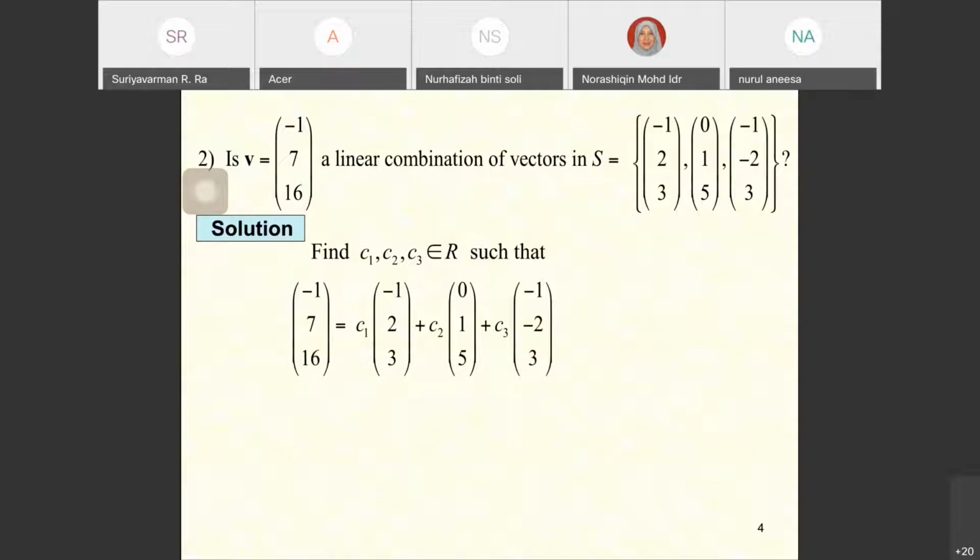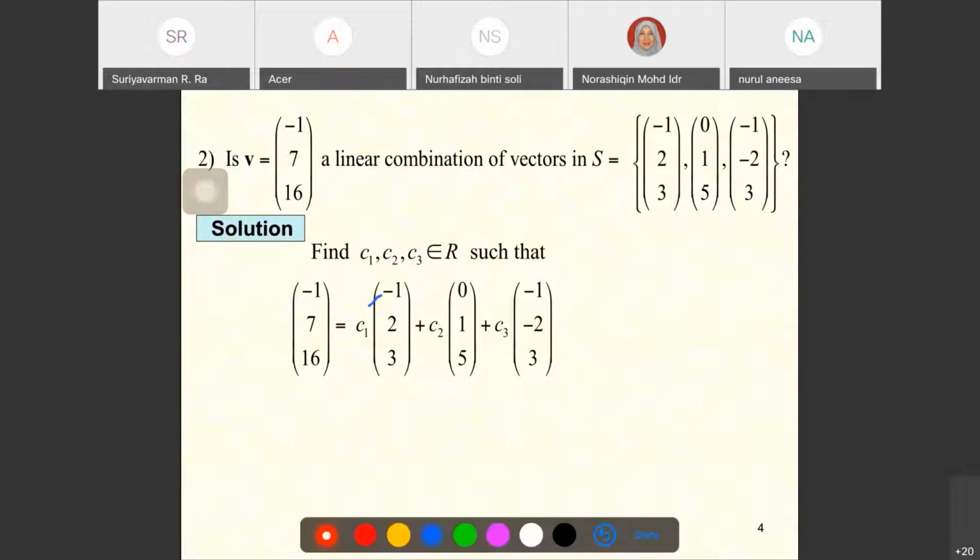Negative C1 plus 0 C2 minus C3 equal to negative 1. 2 C1 plus C2 plus negative 2 C3 equal to 7. And we have 3 C1 plus 5 C2 plus 3 C3 equal to 16.